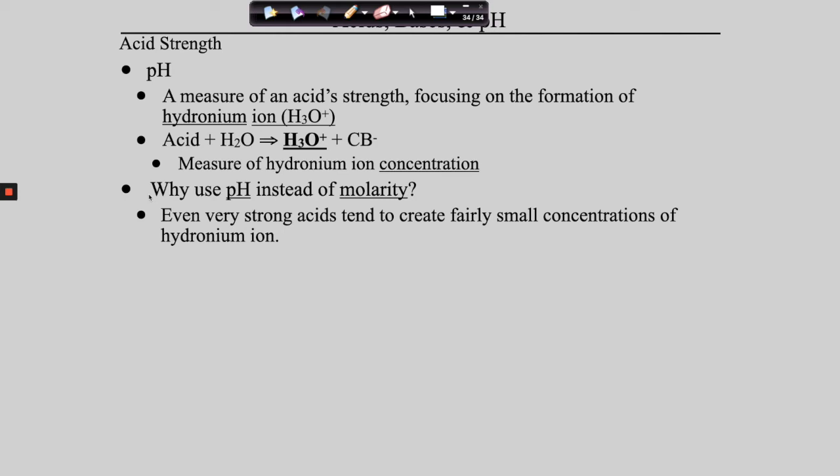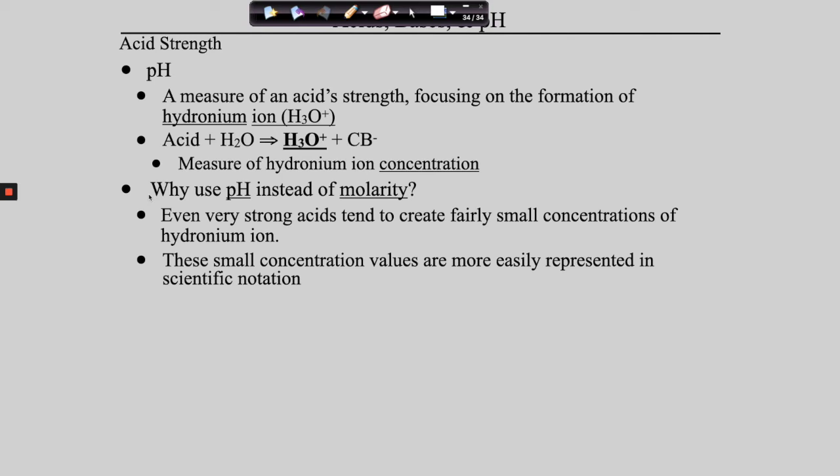So this leads us to a problem. These small concentrations, these small decimal numbers, are often best represented in scientific notation. But the trick is that even numbers in scientific notation are cumbersome, and this is why we use the pH scale. So guys, join me here at the screen and let's talk.